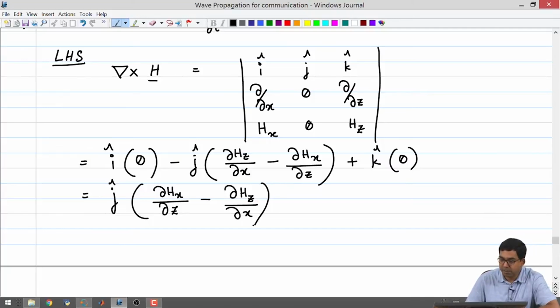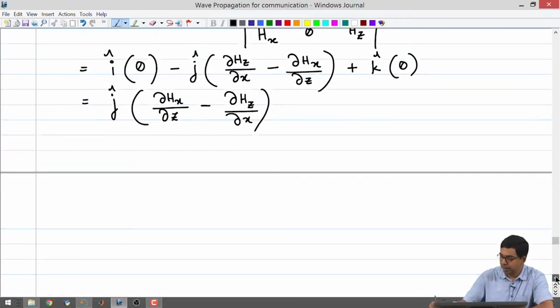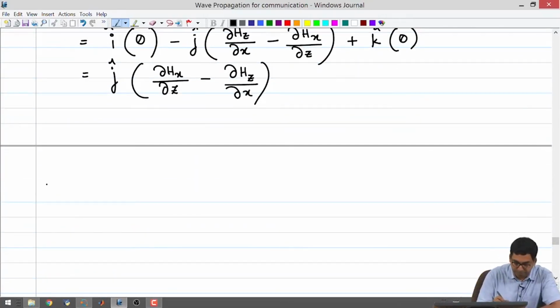Now that I have a left hand side, I notice that with this configuration of Hx and Hz for a plane of propagation in the xz plane, del cross H has only a j vector component, which tells you the right hand side should have only a j vector component. The right hand side is epsilon dou E dou t, and E has only a y component, so that matches.